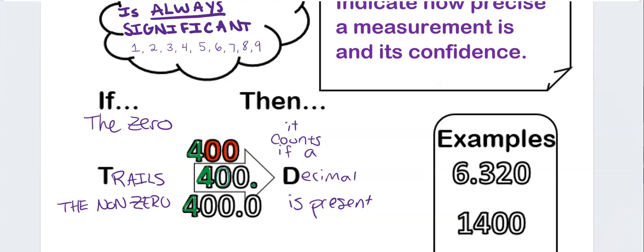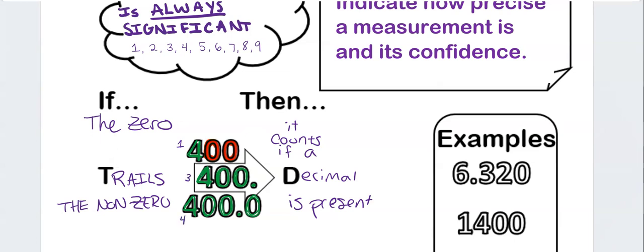And because of that, even though it looks pretty much the same as the number above, these zeros are meant to count. And then lastly, again, because of the presence of a decimal, these zeros will also count. So in this first example, there would be 1 sig fig. This one would have 3 sig figs, and this one would have 4 sig figs.